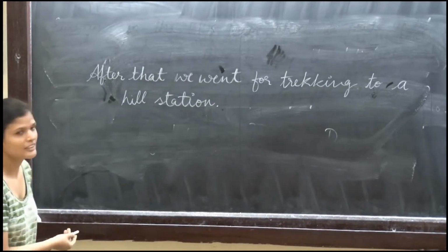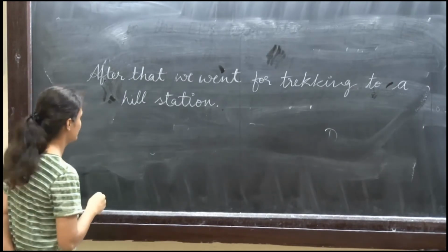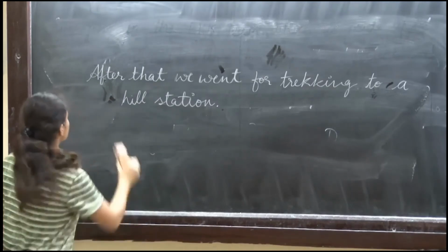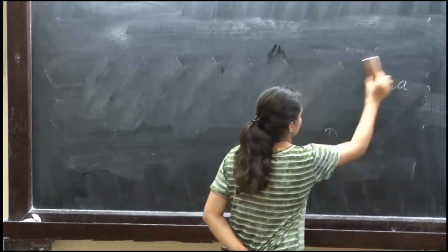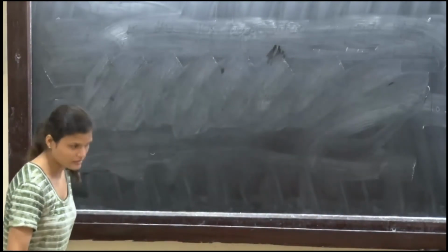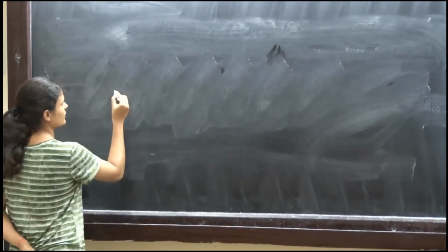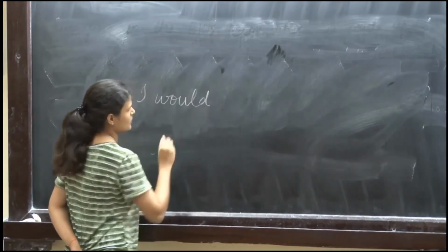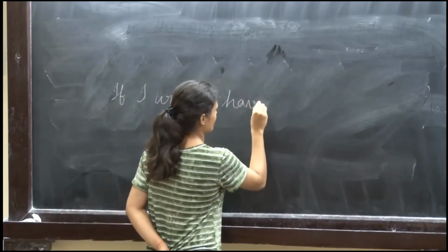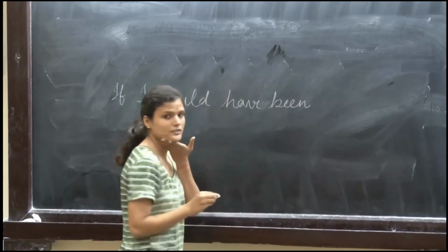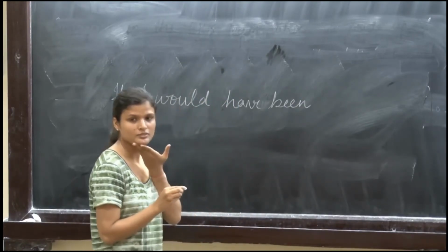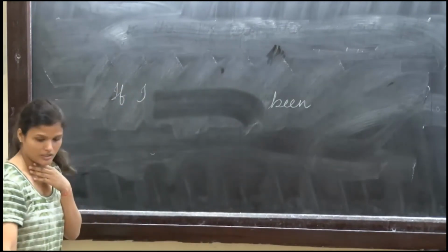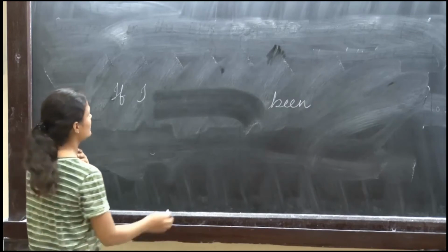Yeah, write a sentence. Plan it and write a sentence. Rub it off. That one you rub off. If, correct. This is not right. Remove that would have, make it had. Had, if I had been.